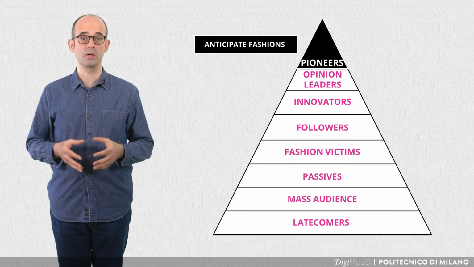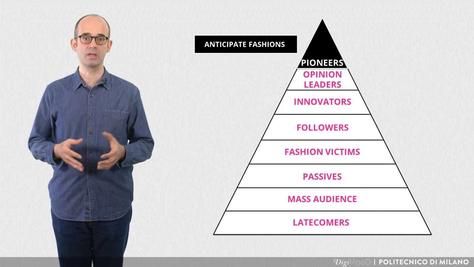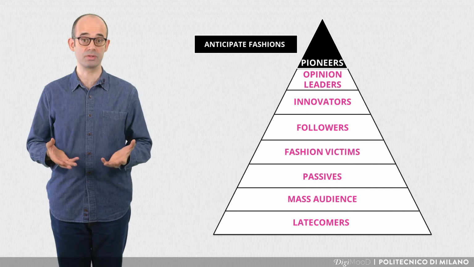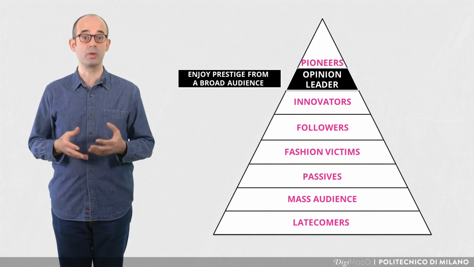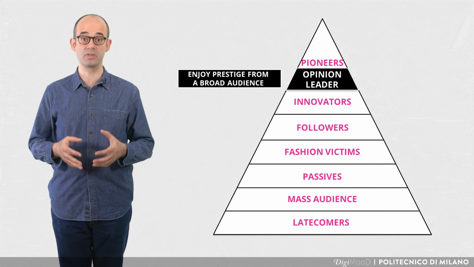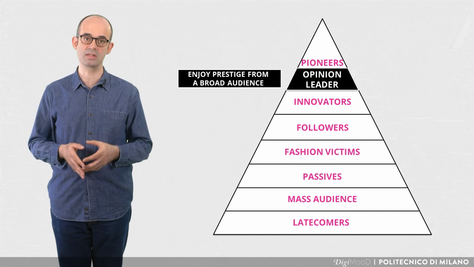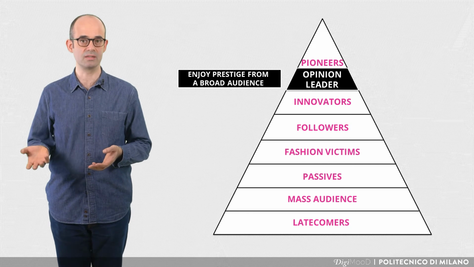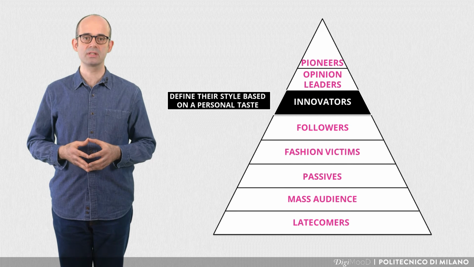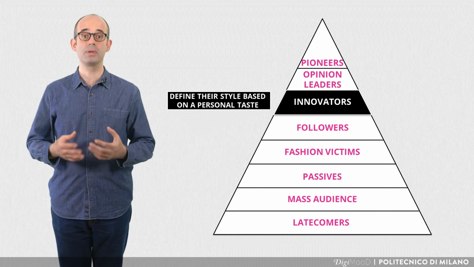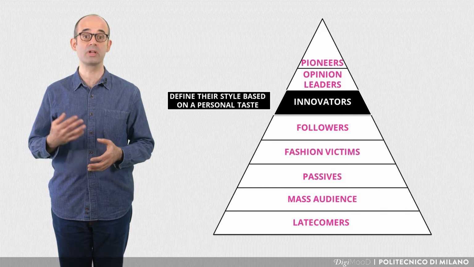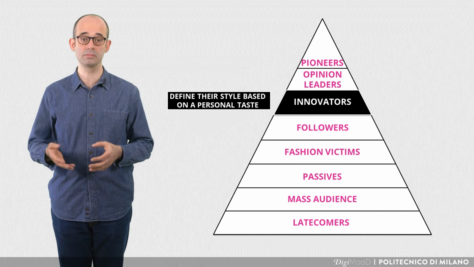By pioneers, we mean the type of customer who is always looking for differentiation and anticipating fashions. By opinion leaders, we refer to the type of audience that enjoys prestige from a broad audience, such as actors, singers, artists. By innovators, we mean the type of audience that defines their style based on a precise choice of personal taste and not on an association with a particular brand.